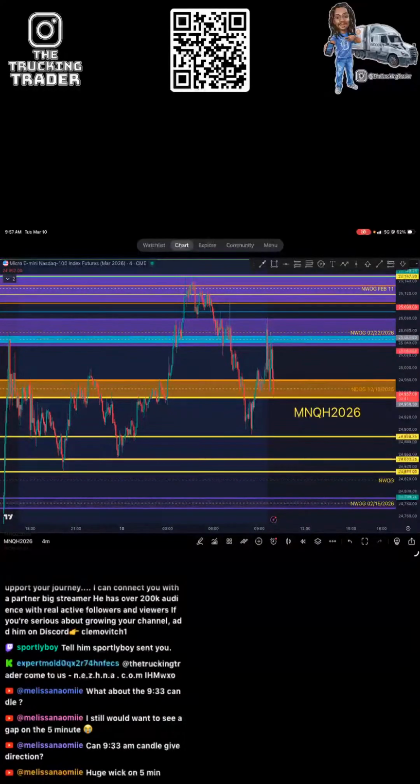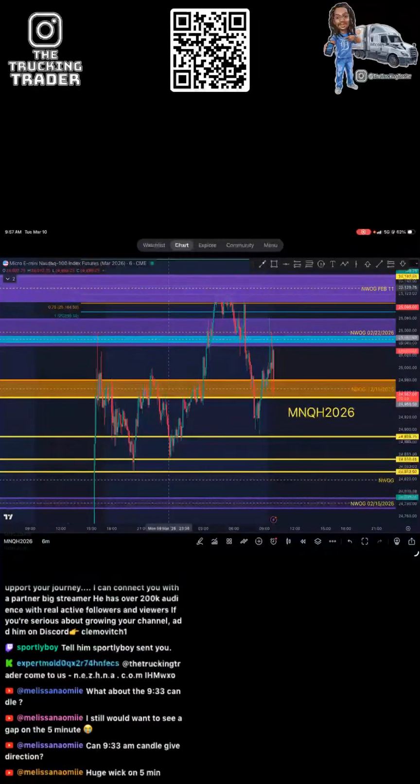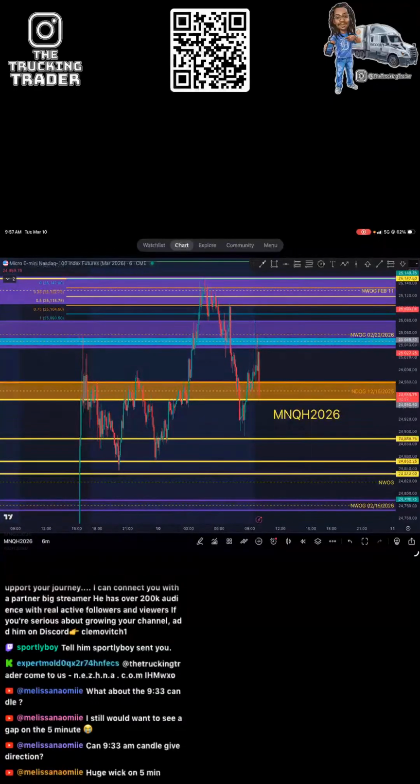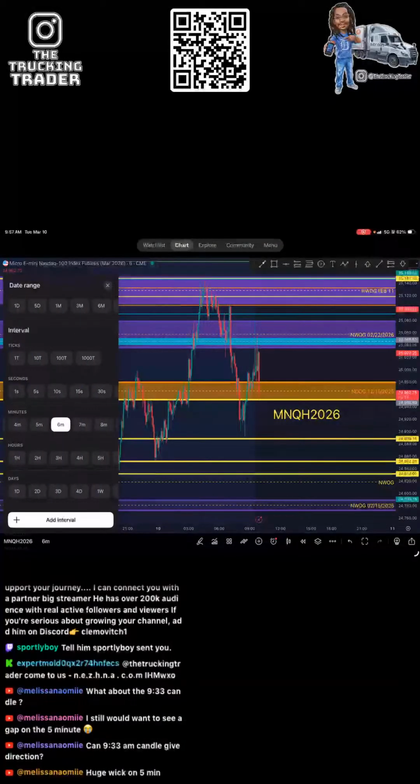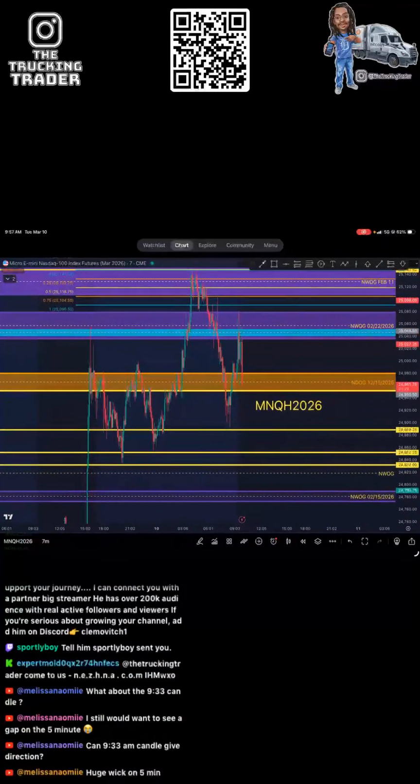Make sure I'm aware of all of the time frames, the 6 minute, because the 1 minute don't even look that clean. It can fool you into thinking that it's bearish, but you start looking at other time frames and it might look a little bit cleaner for the bulls.